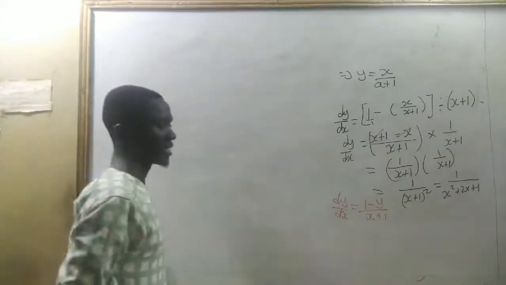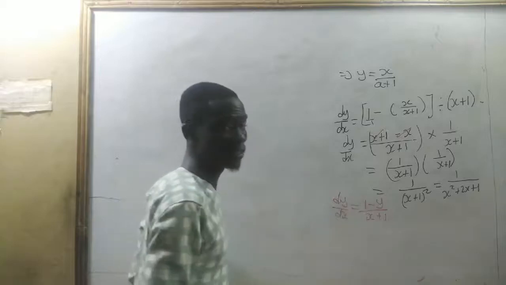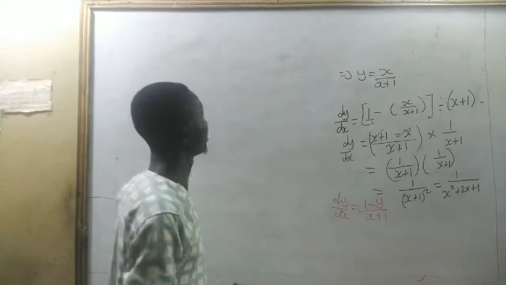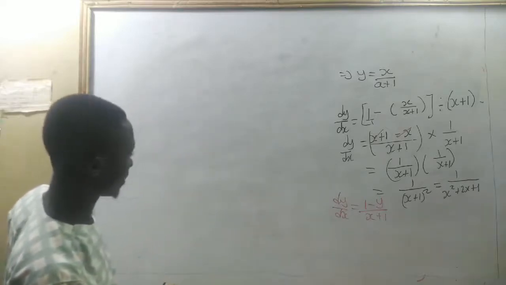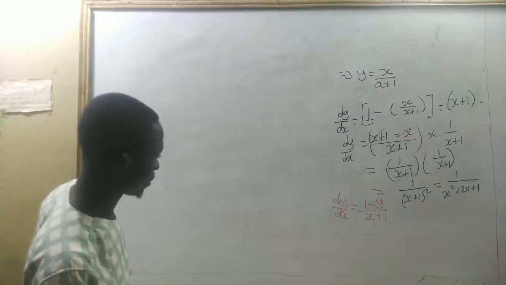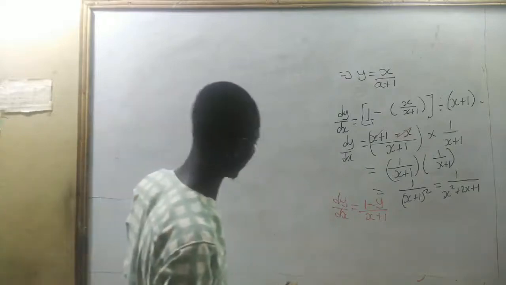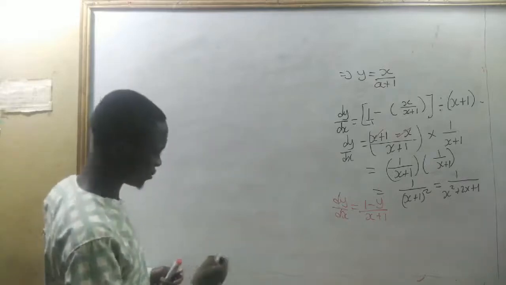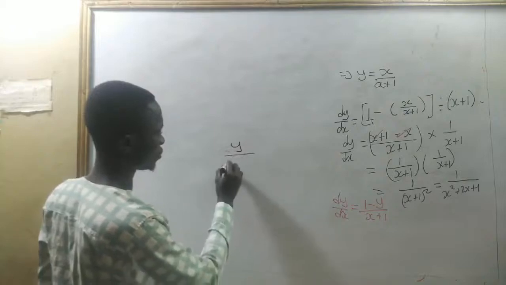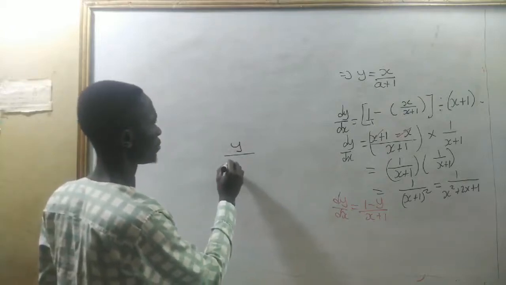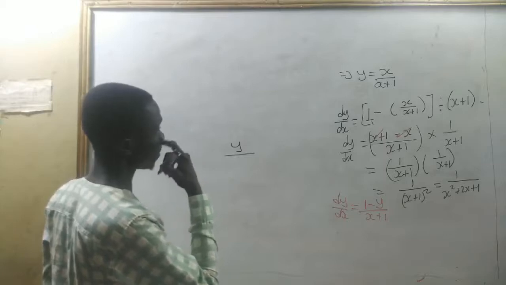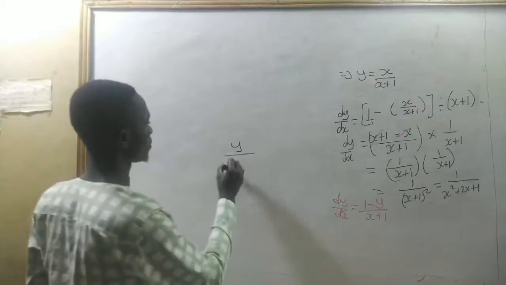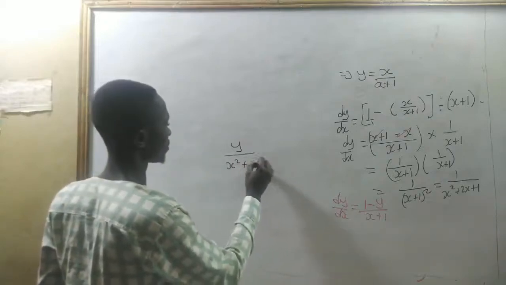So you see that the first answer that we had was not equal to it, but if you substitute in values of x and y, the answers will be the same. I shouldn't have cleaned it. I should have tested that one for you to see. But it's gone. I think we had y divided by x squared plus x.